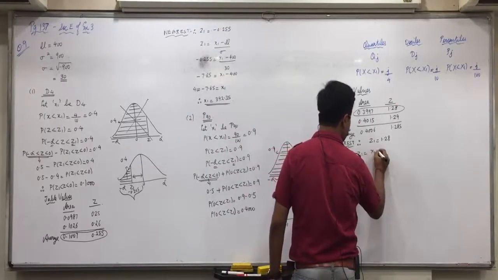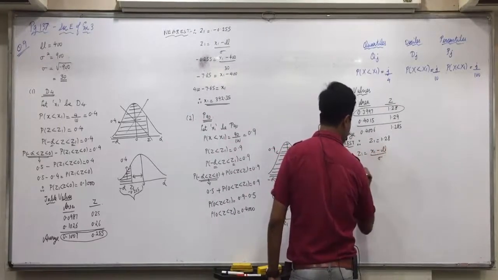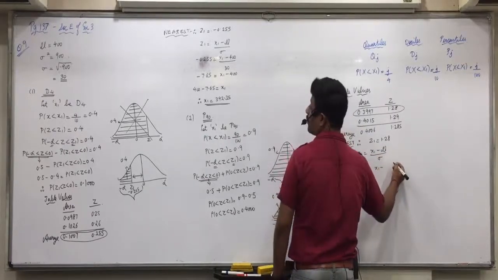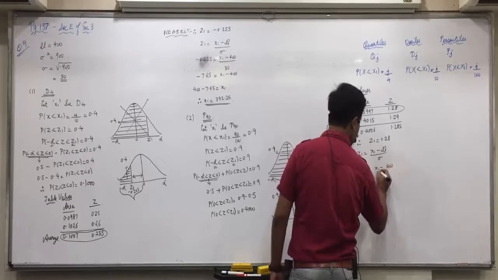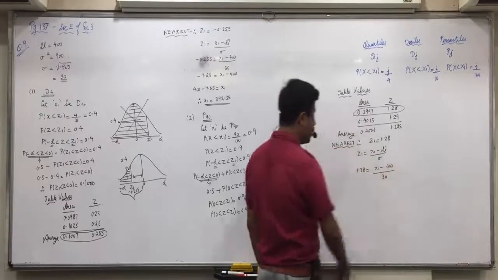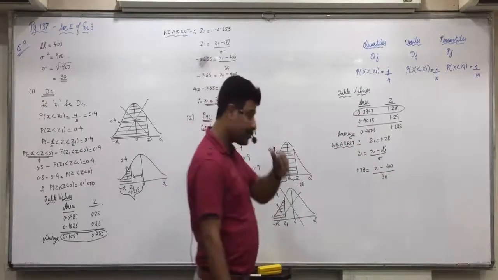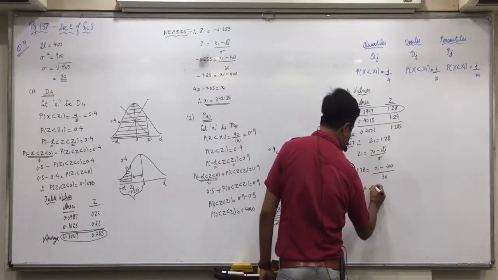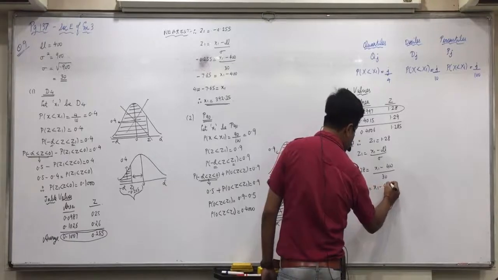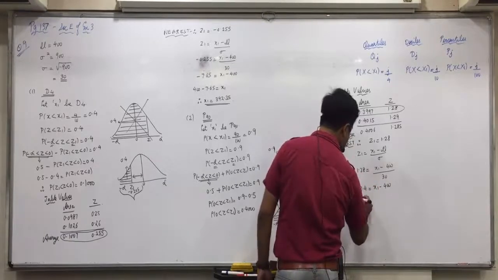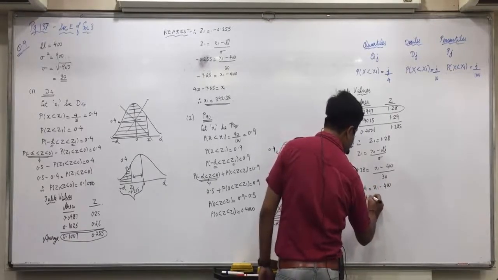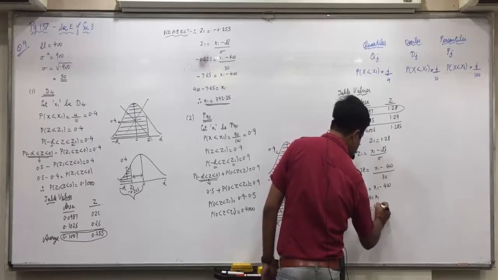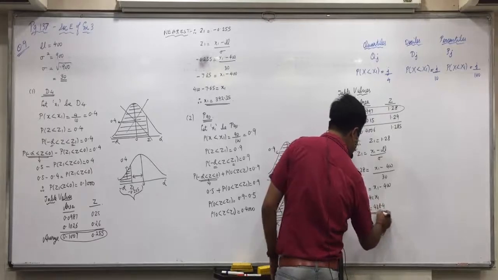Now Z1 is equal to (x1 minus mu) upon sigma. 1.28 equals (x1 minus 400) upon 30. Now 30 into 1.28 is 38.4. So 38.4 is equal to x1 minus 400. Minus 400 on the left becomes plus. So x1 is 438.4.